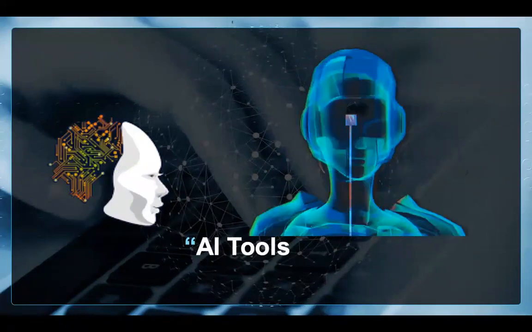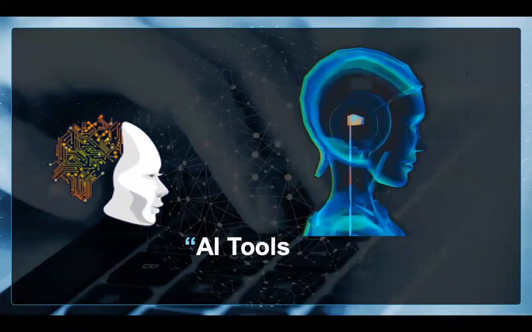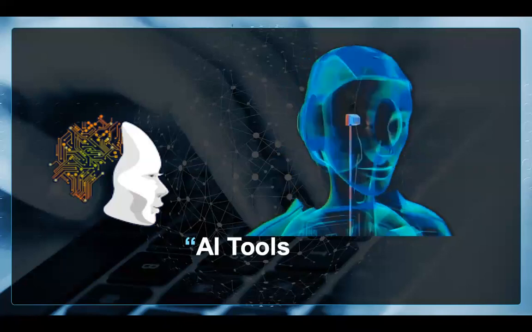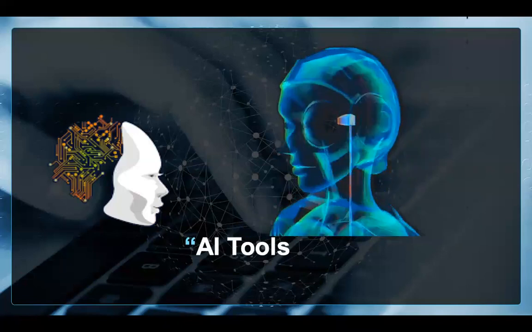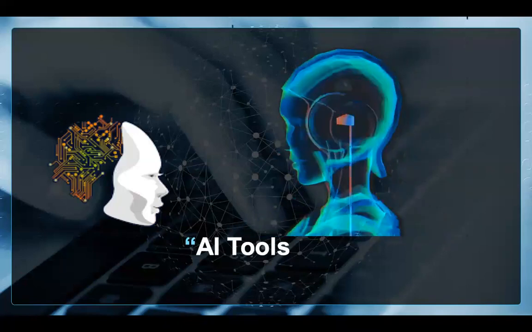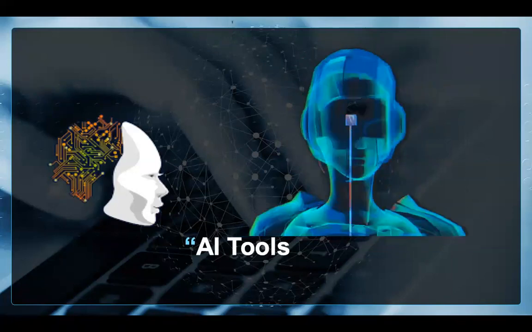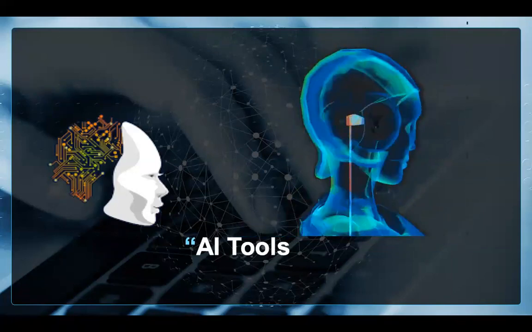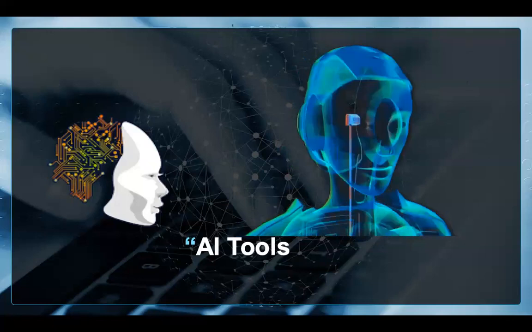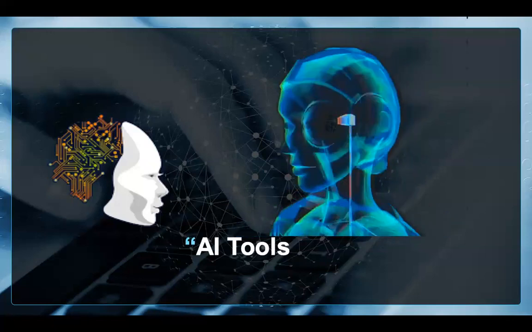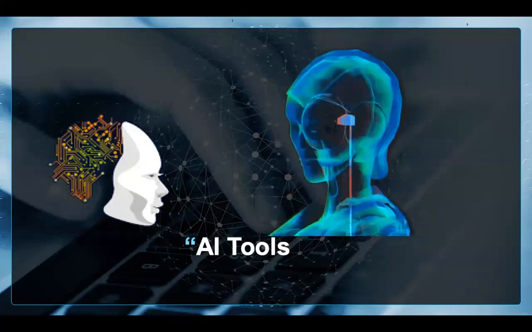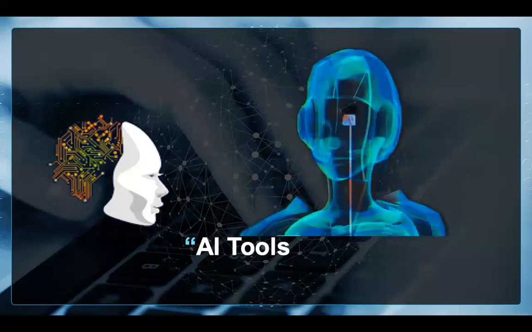AI tools. AI tools nowadays are trending tools. We have different AI tools which are connected specifically with education and research purposes. So first of all, let's have a look at the AI tools which are directly connected with our education system.